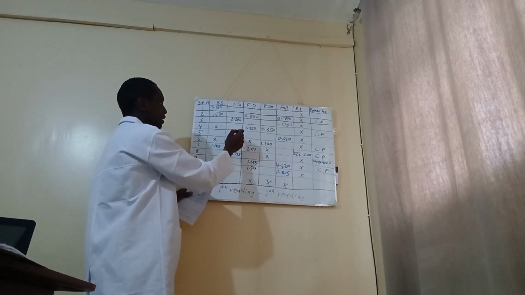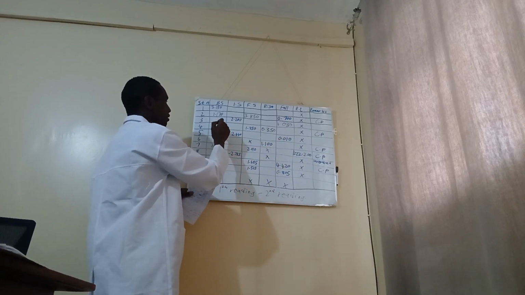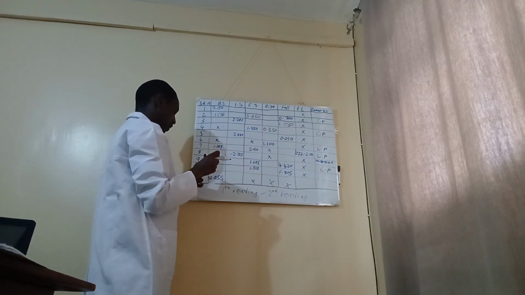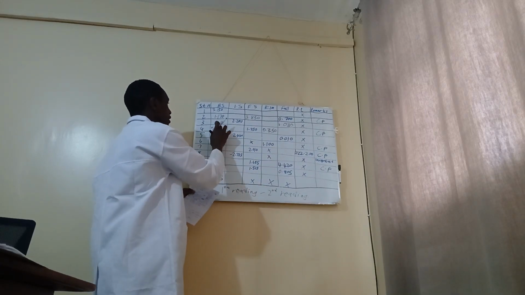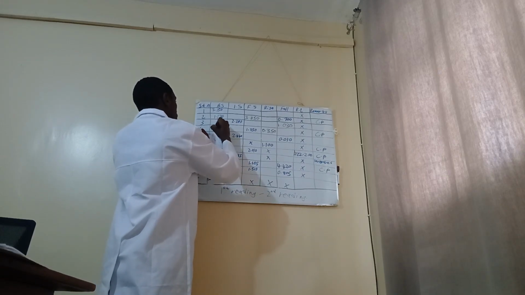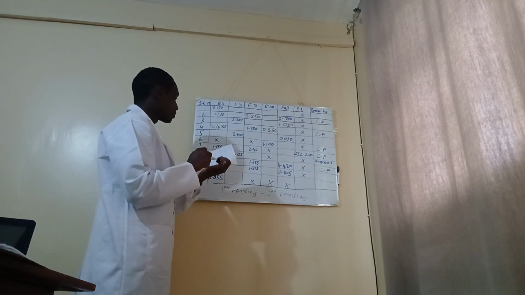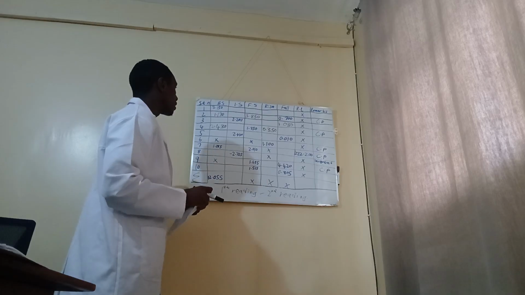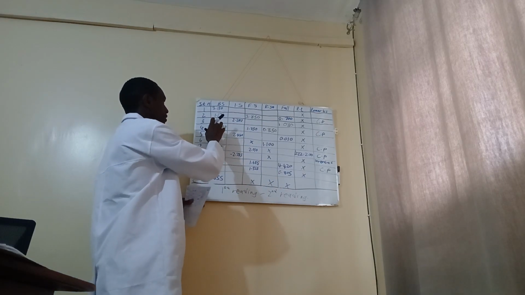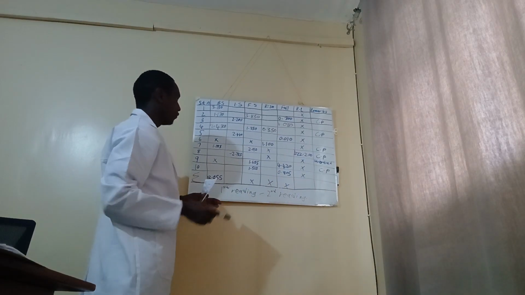So the first reading minus the second reading gives us a negative value. So it means this one is smaller. So we are going to take this one and minus this, so that we can get this. And that value is 2.430. That's how we get our value there. And if you decide to do first reading minus this, you'll get a negative value, and it will go to the fall.